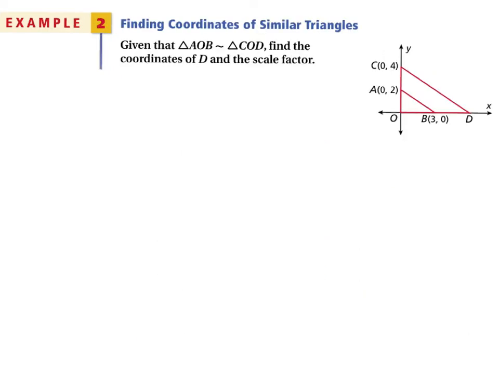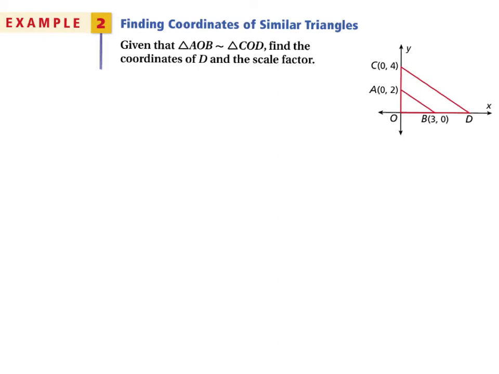In example 2, it says that we have to find the coordinates of similar triangles. Now, given that triangle AOB, the small one here, is similar to triangle COD, you need to find the coordinates of D and the scale factor. So we can use a proportion.